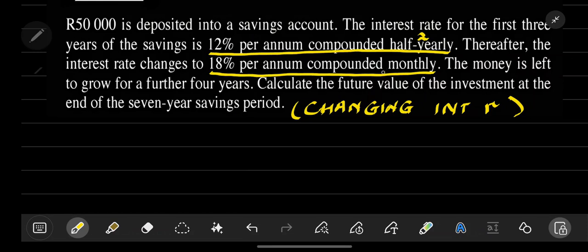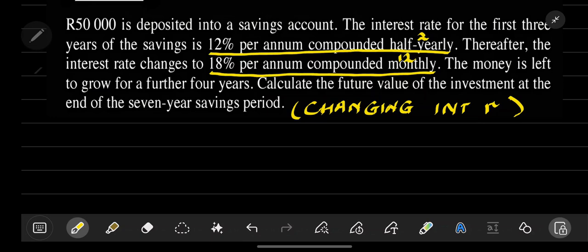And now it is compounded monthly, which is 12. Then it continues to say that the money is left to grow for a further 4 years. Calculate the future value of the investment at the end of the 7-year saving period.